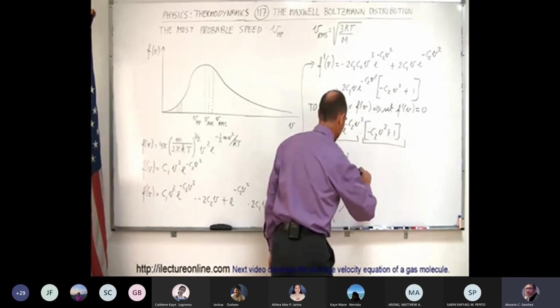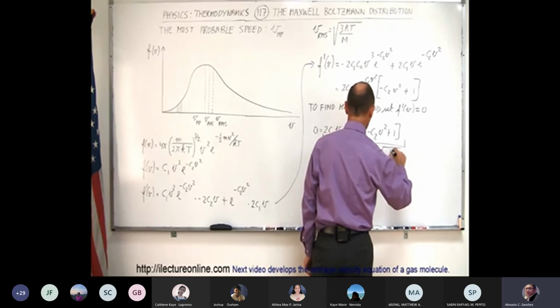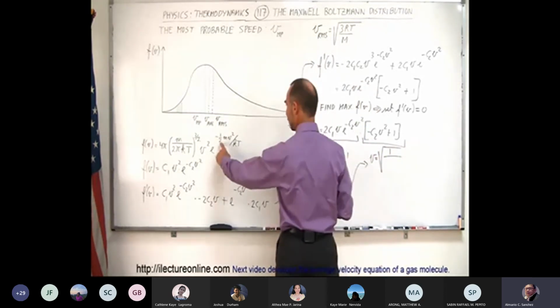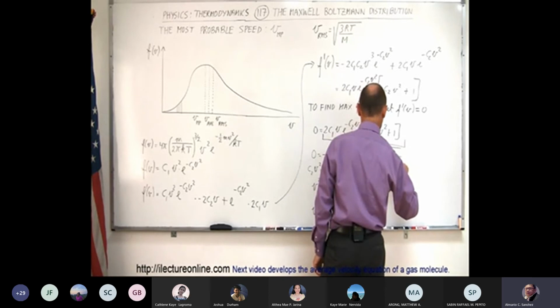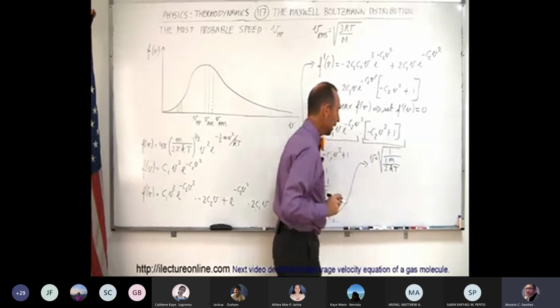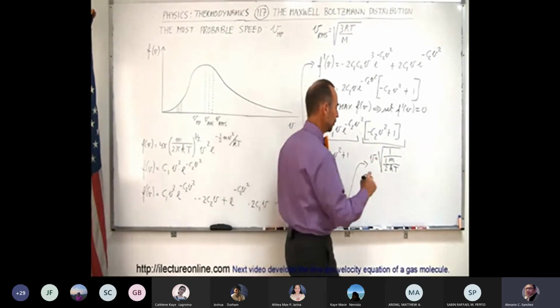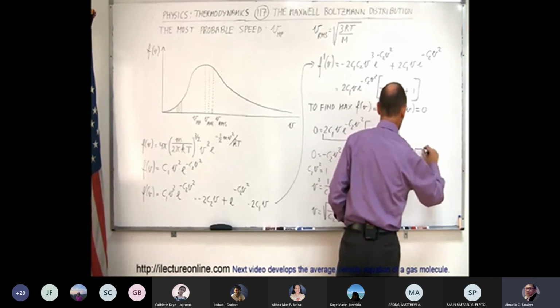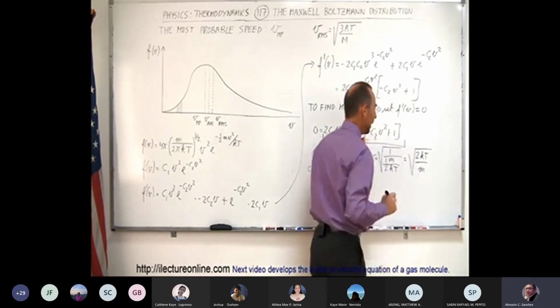So coming up here, we have v is equal to the square root of 1 divided by c2, and c2 would be 1/2 m divided by kT, like so. And of course, I'm dividing by a fraction, so I flip that fraction over, so this is equal to the square root of 2kT over m.